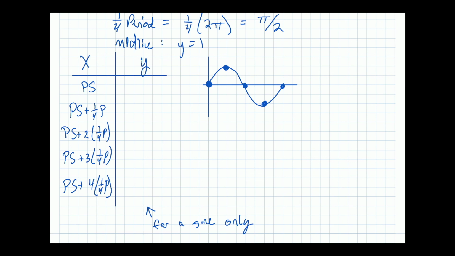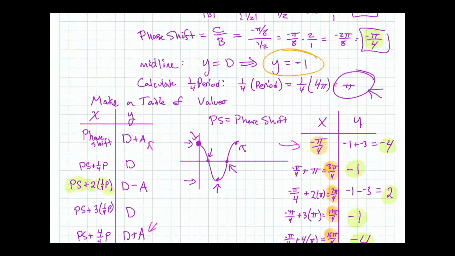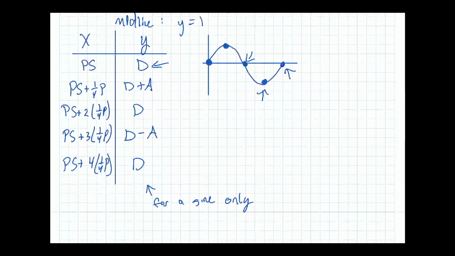So the first y value is actually the midline, which is D. The second one is at the top, which is D plus A. The next one's back at the midline. The fourth one is D minus A. And then the last one, back at the midline. So it's the same kind of pattern, but this one starts at D, whereas this one starts at D plus A. Other than that, it's the same thing.